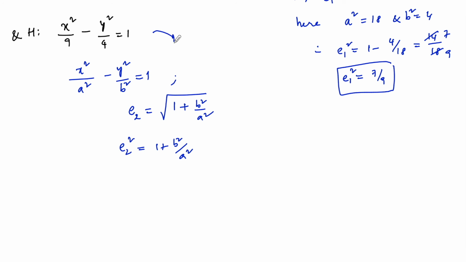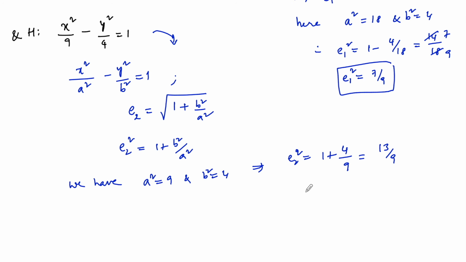So when comparing with this form, we have a square is equal to 9 and b square is equal to 4. Which implies that e2 square is equal to 1 plus 4 upon 9, that is 9 plus 4, 13 upon 9. So e2 square is equal to 13 upon 9.